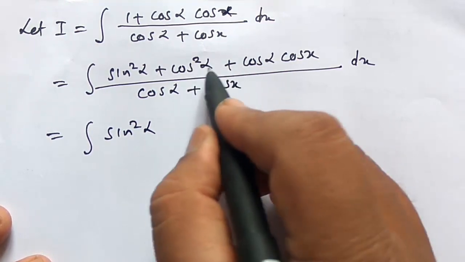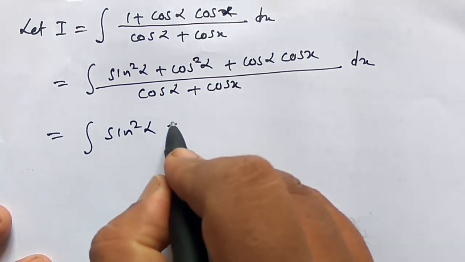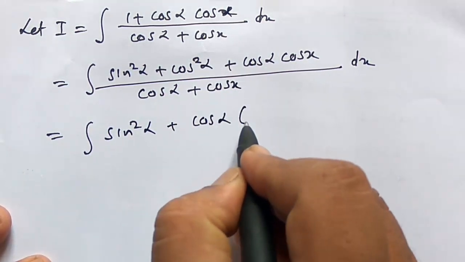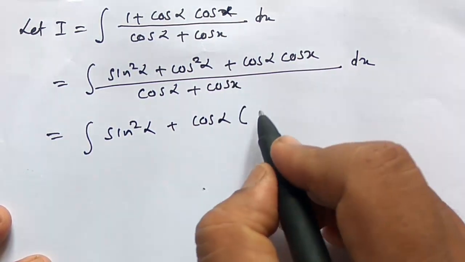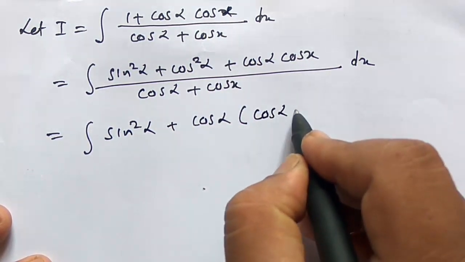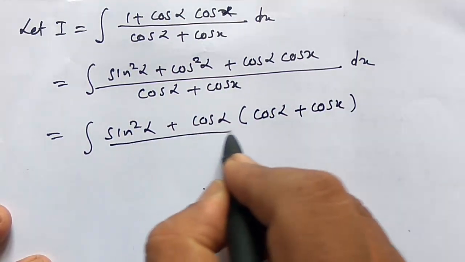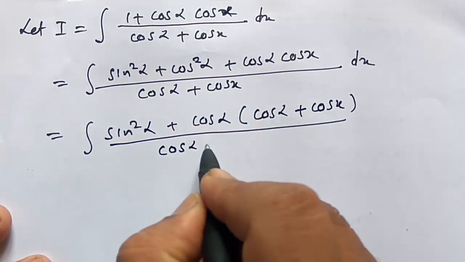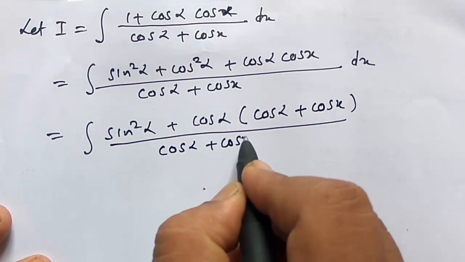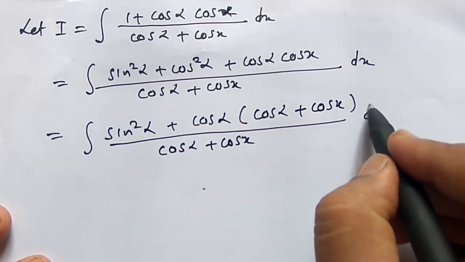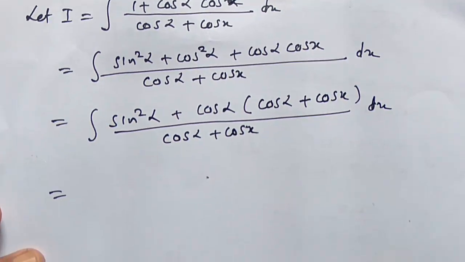is equal to integration of sin square alpha plus, from the last two terms, taking cos alpha common, it becomes cos alpha into (cos alpha plus cos x), upon cos alpha plus cos x, dx.